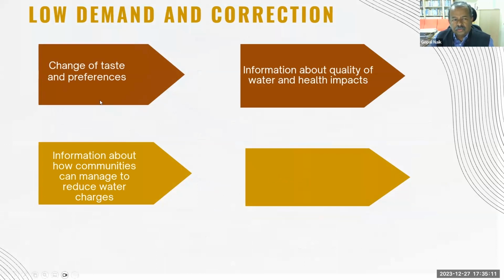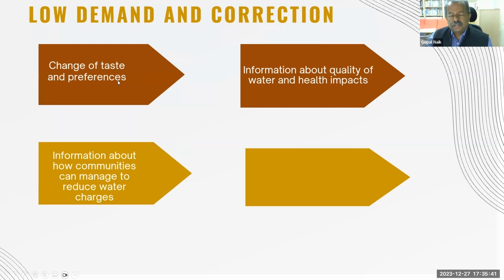One is, of course, change in taste and preferences. Often people think that their own well water is tasty or whatever it is. So, giving adequate information about their water. Of course, if it happens to be very good, there is probably no need for including people in the piped drinking water system.